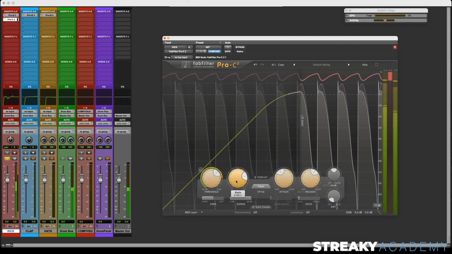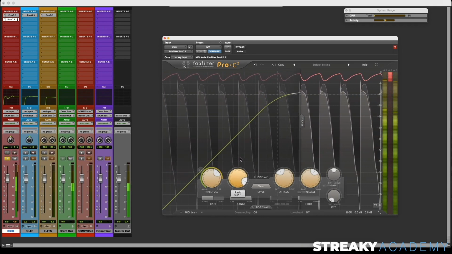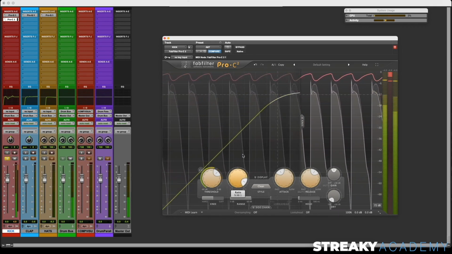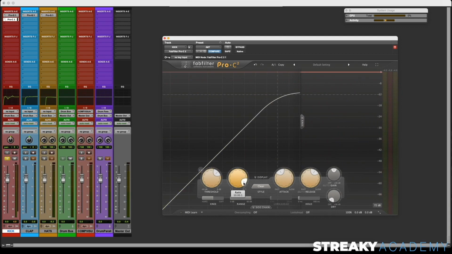Let's move all the way up to 10:1. So what's the difference between 10:1 and 2:1? If we think about this in a mathematical form, we have to divide it by 10. But what are we dividing by 10? We are basically dividing the volume breached past the threshold by the ratio number.